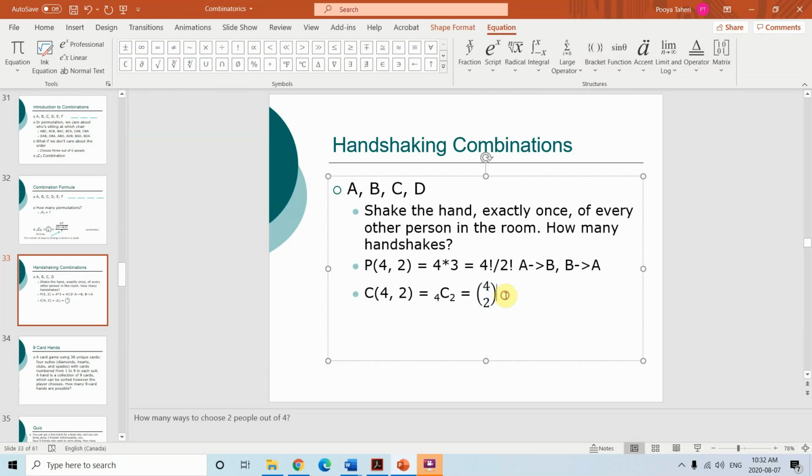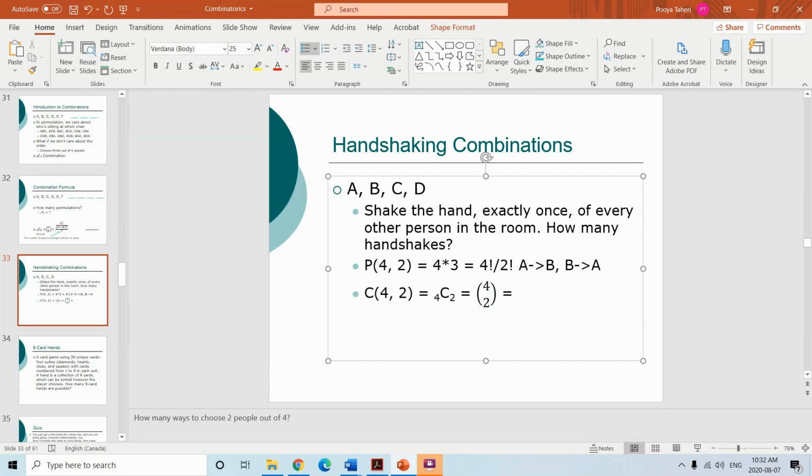There are different notations for combination. This is going to be equal to P of 4 comma 2 divided by 2 factorial. So it's going to be 4 factorial divided by 2 factorial times 2 factorial. Okay, so this is 24 divided by 4, which is equal to 6.